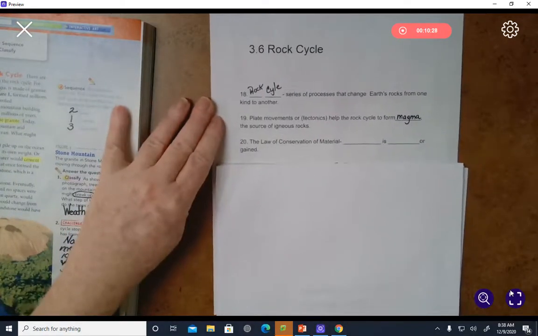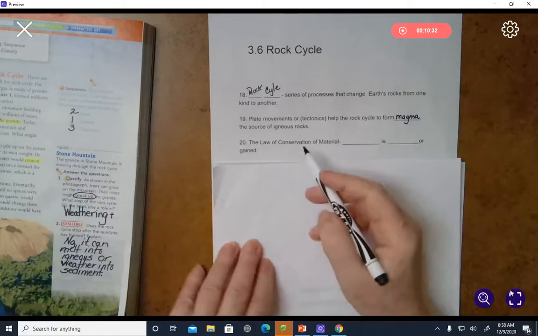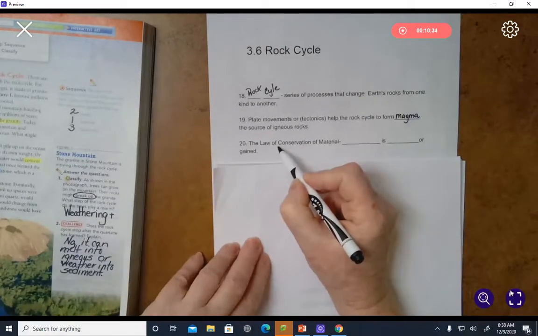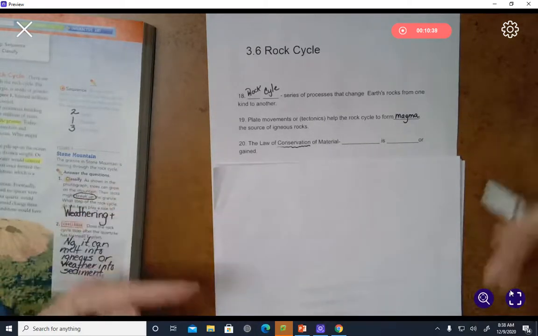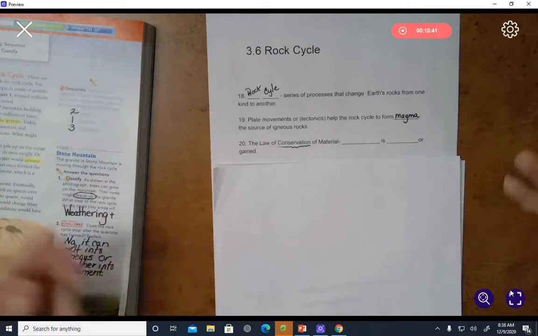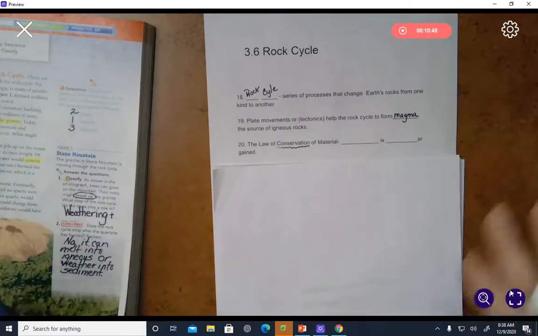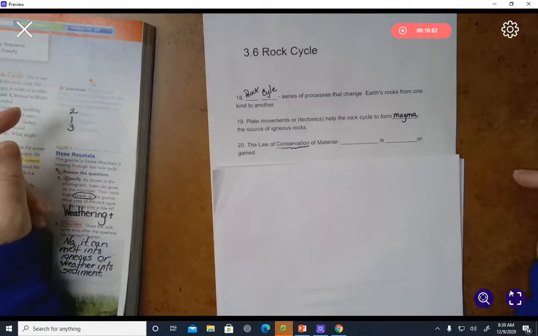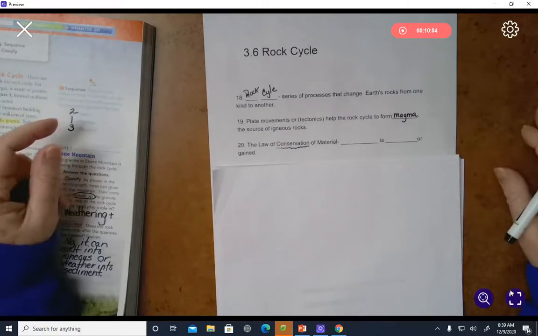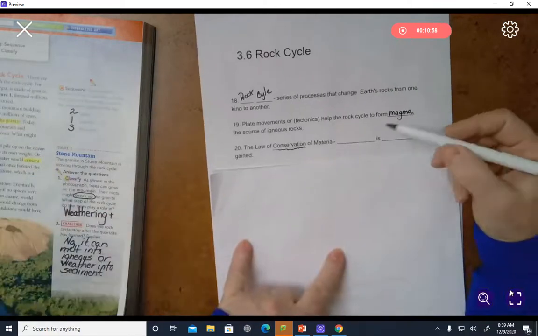Number 20, the law of conservation. Now, you guys got to start using, like, I want you to start putting, like, this word must mean save and protect. And organic means alive. There's certain words you're going to see again and again and again, whether you're into chemistry, biology, physics. These words you'll see a lot. So, I am going to fill this in.